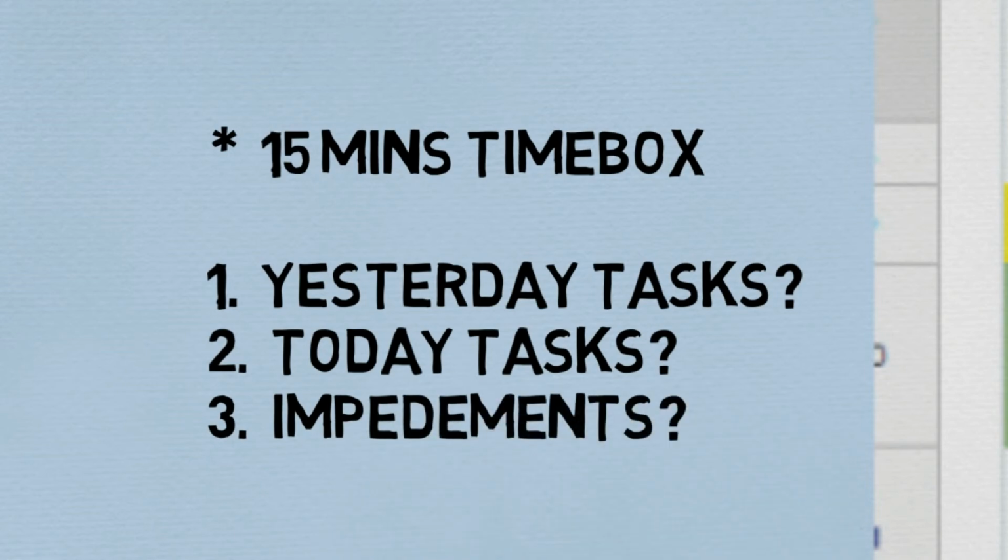Remember that impediments are not discussed in detail in the daily stand-up meeting. Scrum Master takes a note of these impediments and deals with them separately with individual members. But the time box of this 15-minute for the daily stand-up has to be maintained.